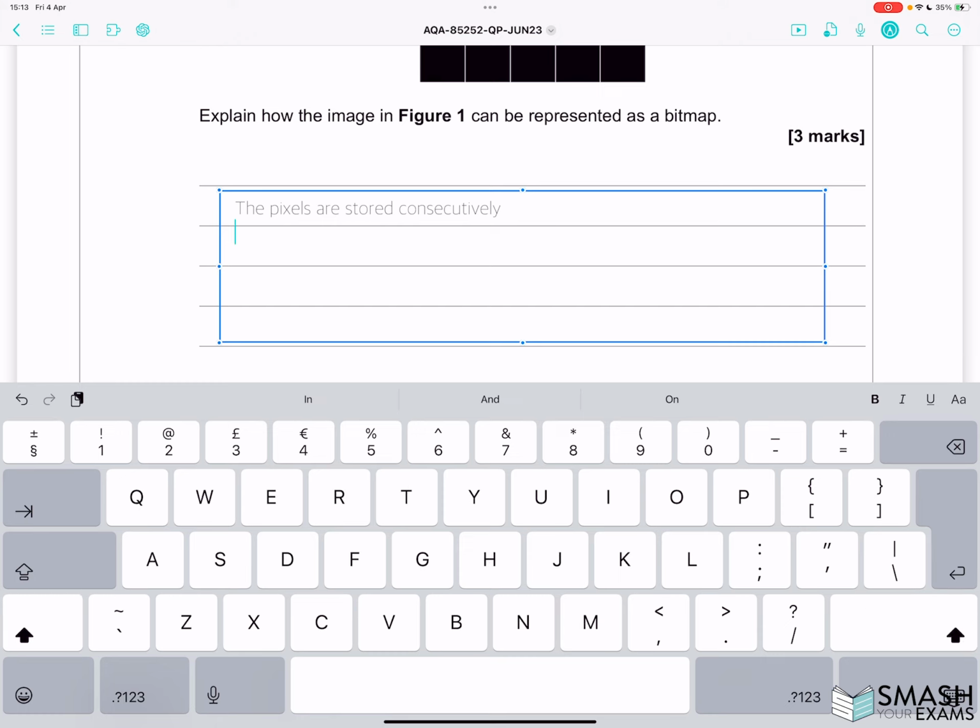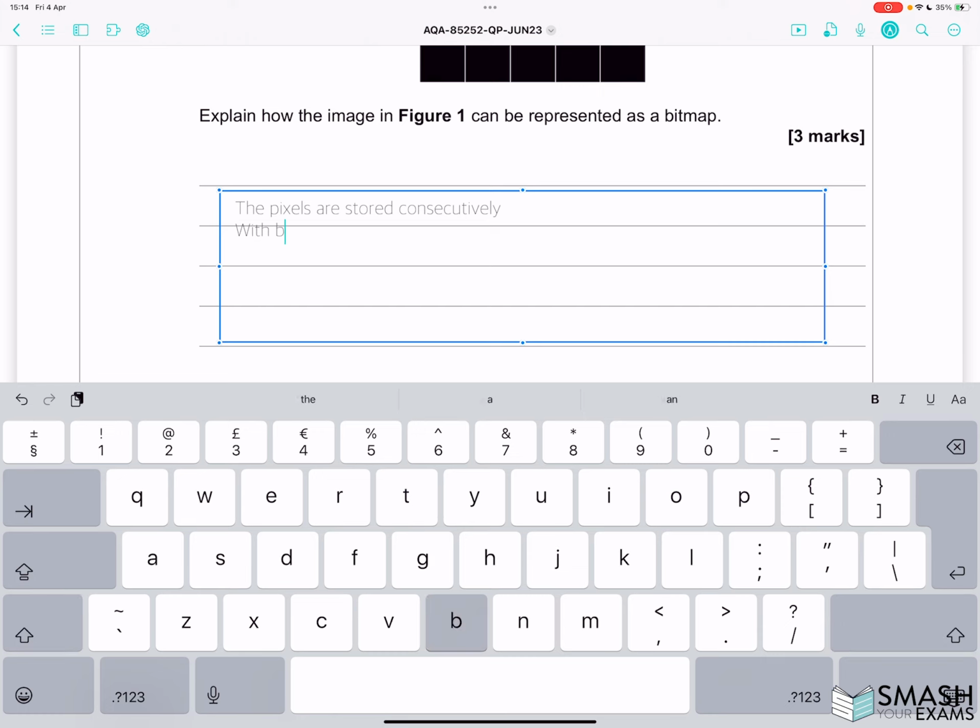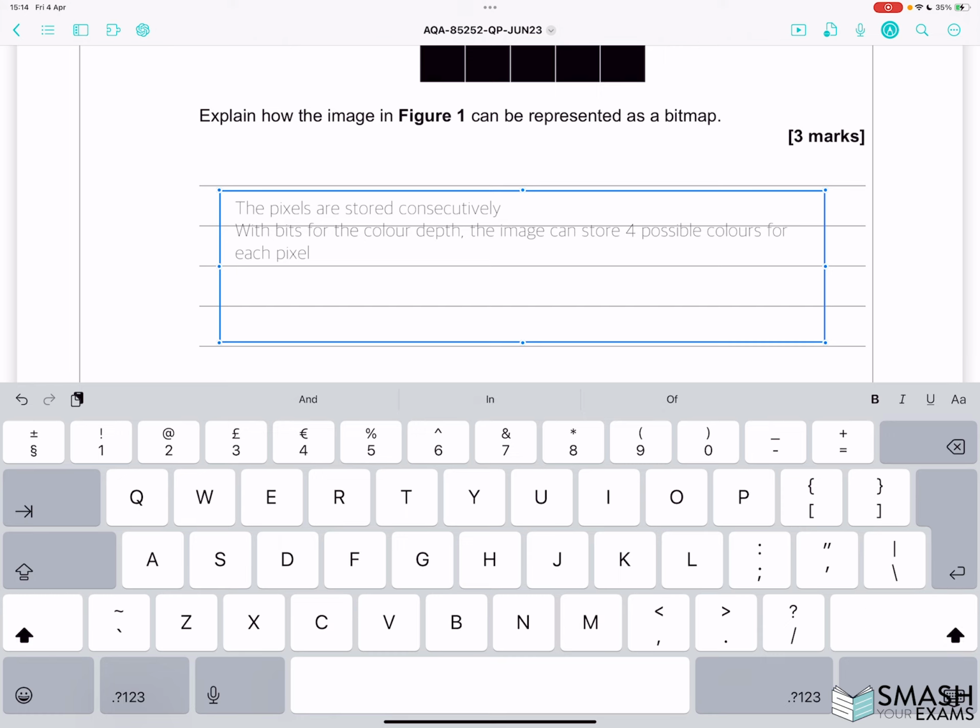And then I'm going to say something like, with 2 bits for the color depth, the image can store 4 possible colors for each pixel. So I'm explaining that I understand what we mean by color depth and what that actually means.